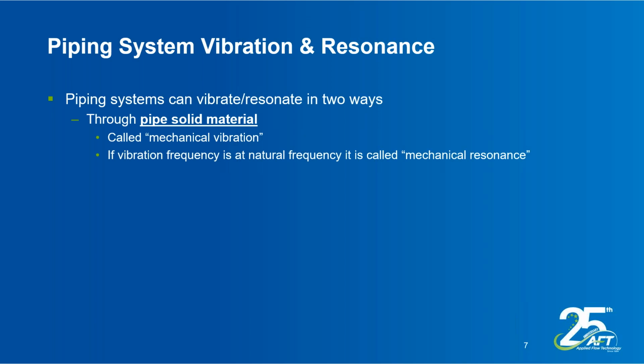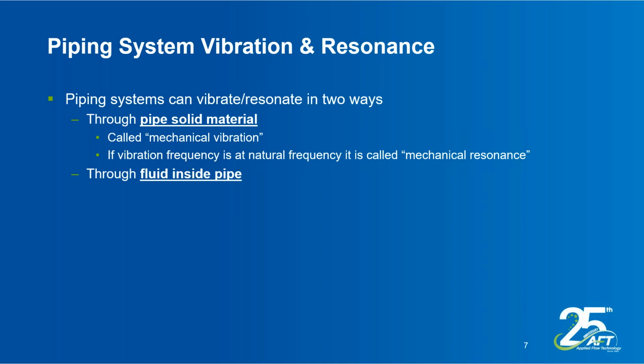So if you have vibration that is operating near the natural frequency, then that's what would be called mechanical resonance. That's not really something that AFT Impulse is going to predict. That's something that your pipe stress analysis software packages will be able to model. So they'll be able to tell you if you have mechanical resonance in your system.